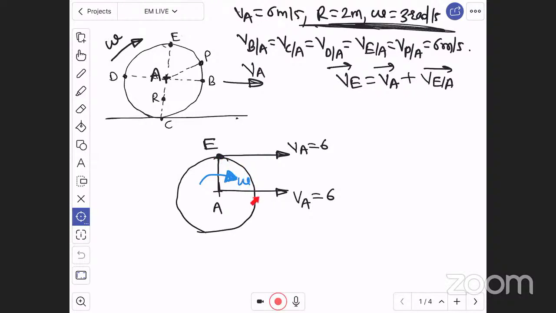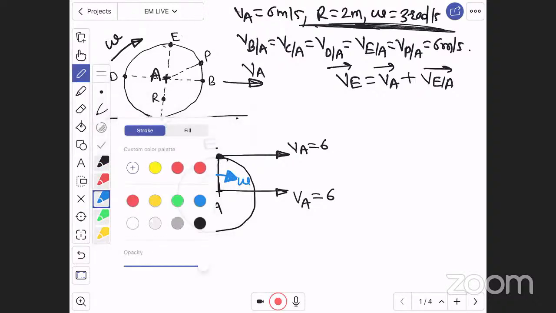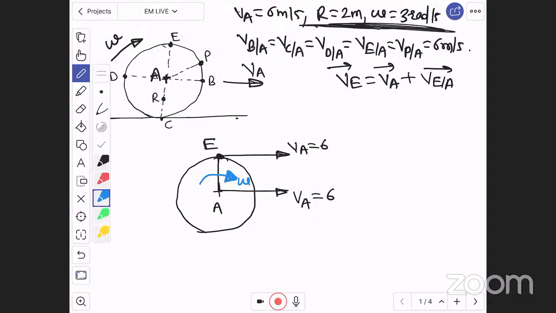While going downward, it is going towards right or not, right? Therefore, at this instant at E, there will be a velocity of E with respect to A tangential at this location, like this, which is 6 meter per second, right?